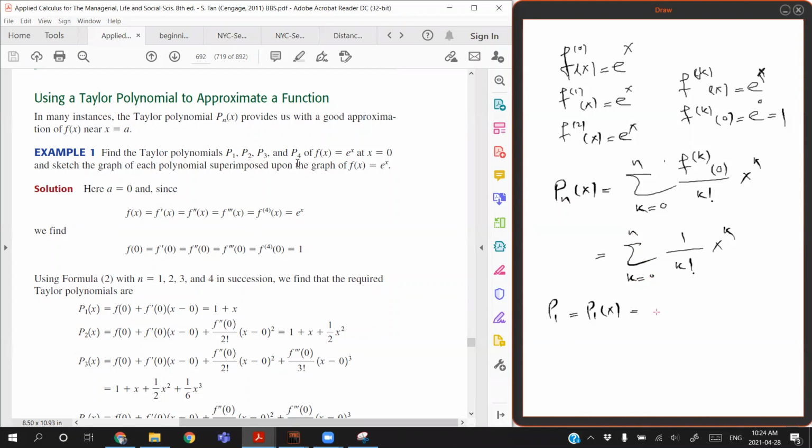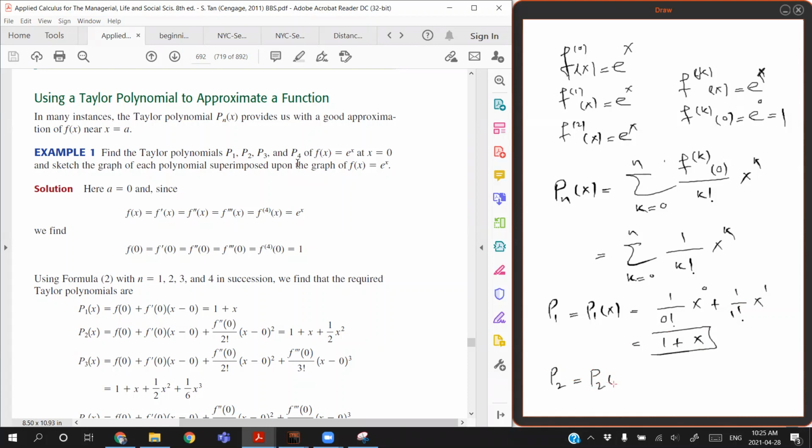So when k is 0, I get 1 over 0 factorial x to the power of 0 plus 1 over 1 factorial x to the power of 1. So that's going to be 1 over 1 times 1, 1 plus x. So that's my first polynomial. Then p is 2.